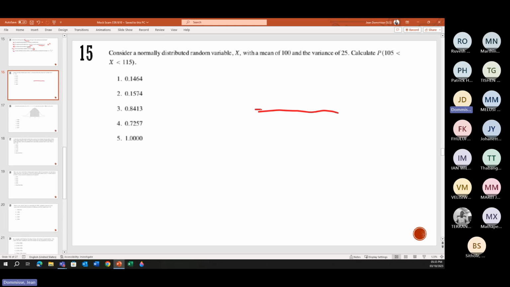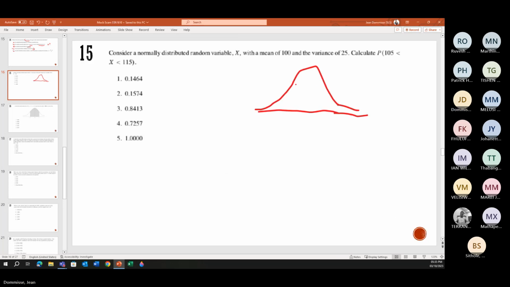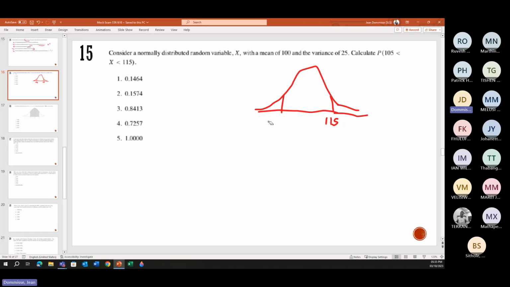And this is something that I think is probably going to be in your paper. Because it's asking you to get the probability between 105 and 115, I now made the assumption that it needs to look like that.